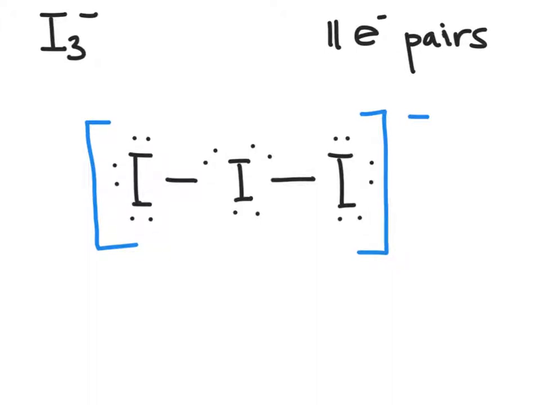Before we can draw the VSEPR structure, we need to determine what type of structure we have, and that is found by counting the number of bonding pairs we have between atoms and lone pairs.